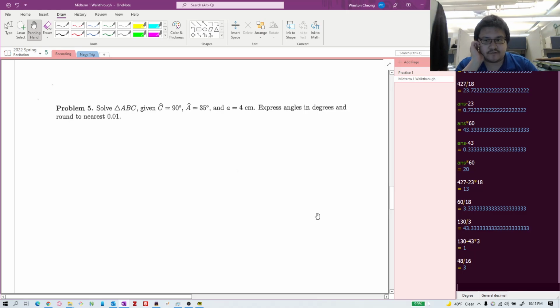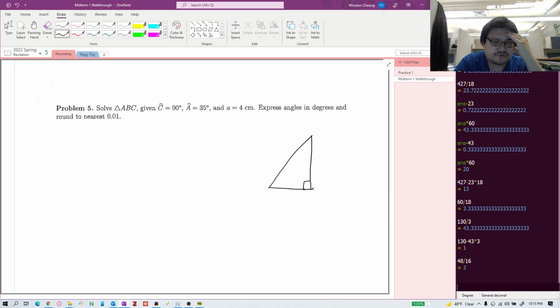Right, number 5. We have a triangle ABC. C is our 90-degree angle. So the first issue that people had with this problem was setting up their triangle incorrectly.